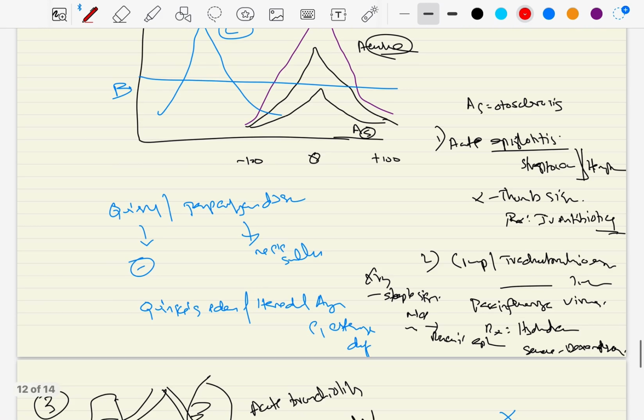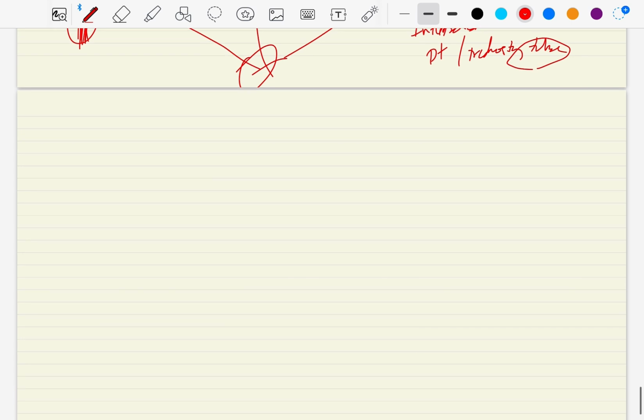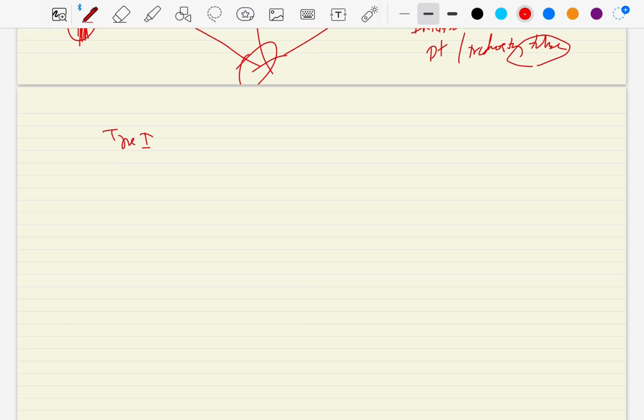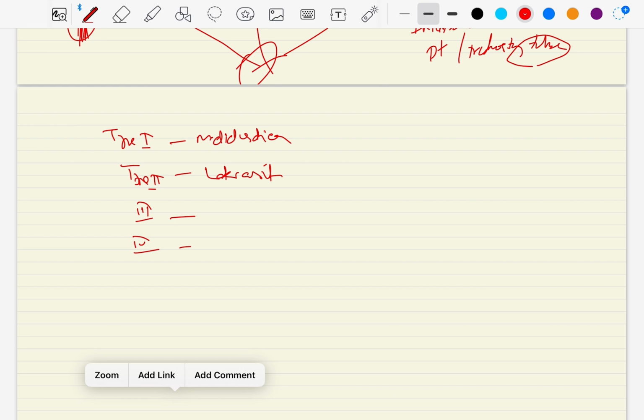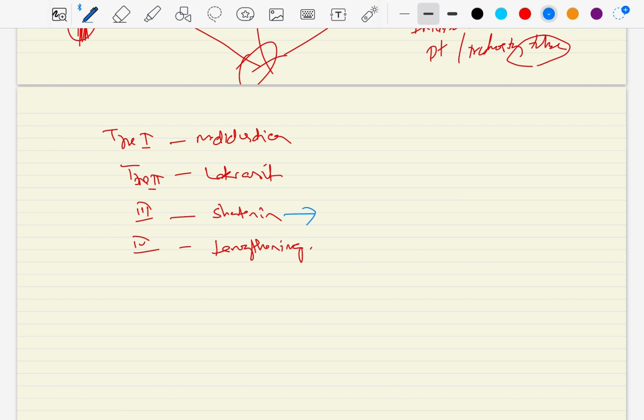There are 4 types of thyroplasty available: type 1, type 2, type 3, type 4. Type 1 is medialization. Type 2 is lateralization. Type 3 is shortening. The fourth one is lengthening.